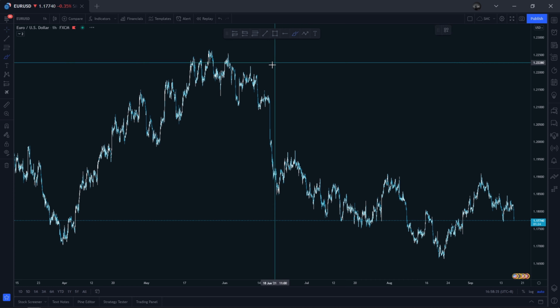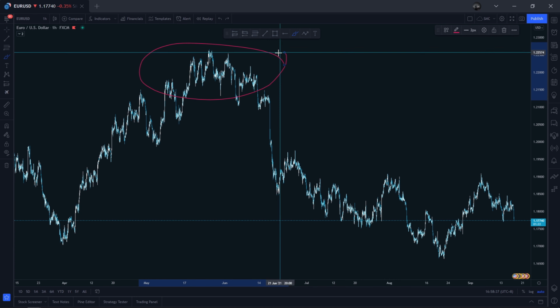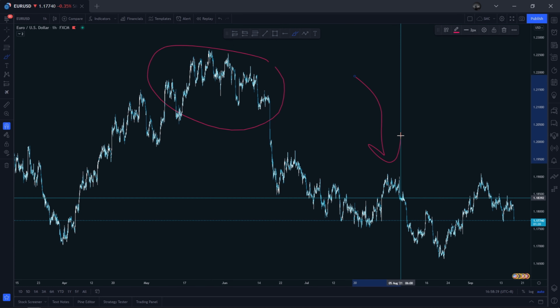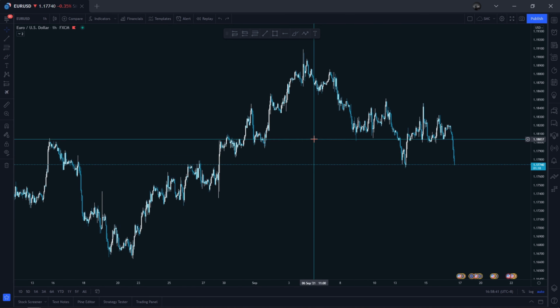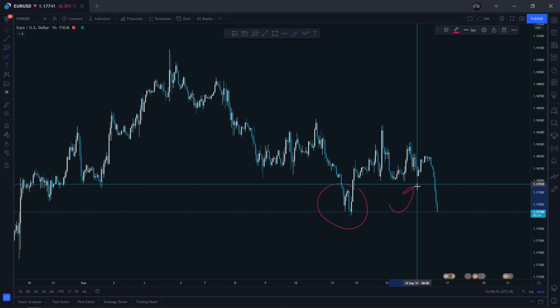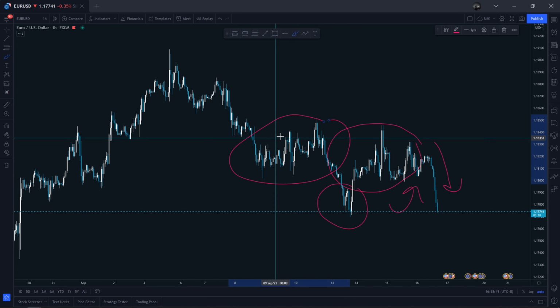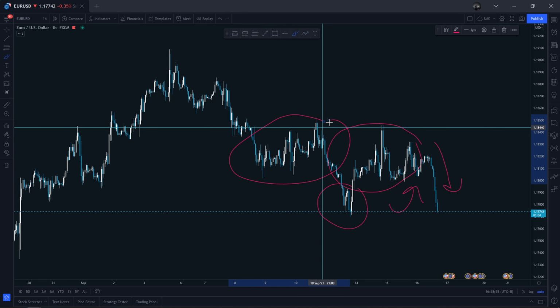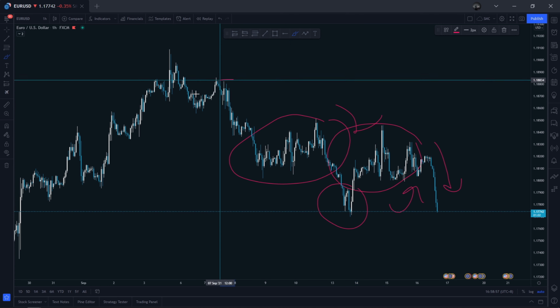So if we see a distribution here, they say, oh, it's going to push down. Let's go on lower time frames. Oh, we see an accumulation, price should push up. Oh, we see a distribution, price should push down. Oh, we see a redistribution, price should go down.